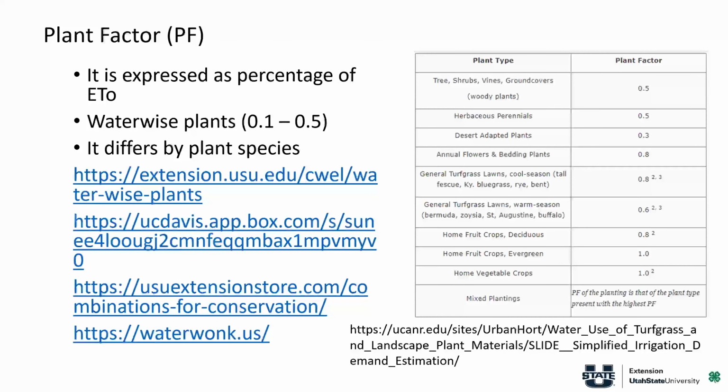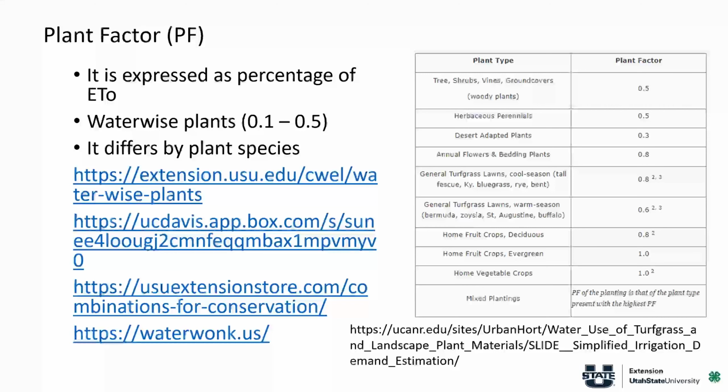And it's not easy. There are a lot of different plants, and no one has ever documented the plant factor for all these plants. But when we see those characteristics in the plants, we can easily put the plant factor somewhere between 0.1 to 0.5.